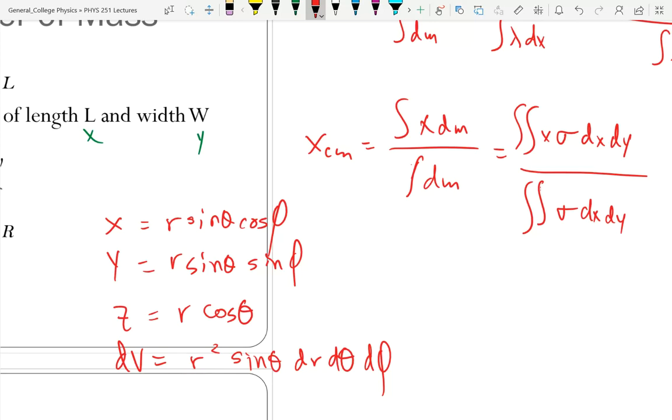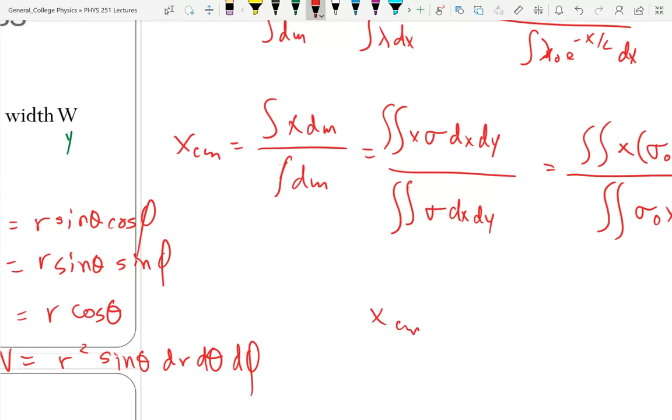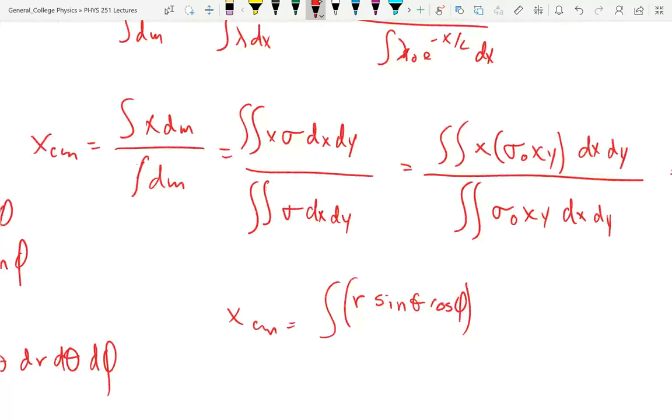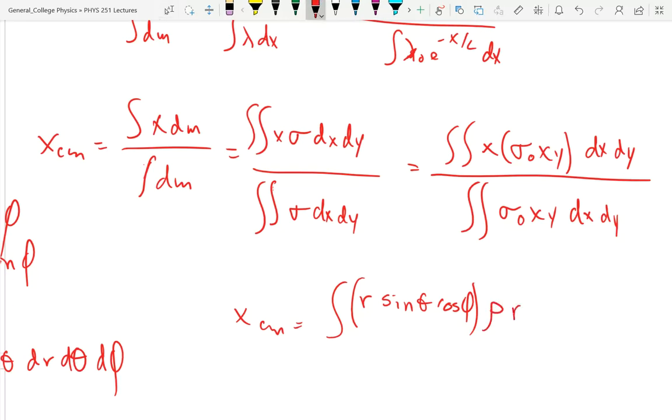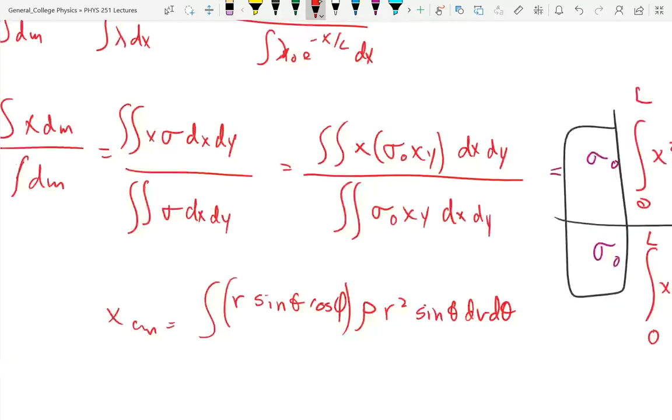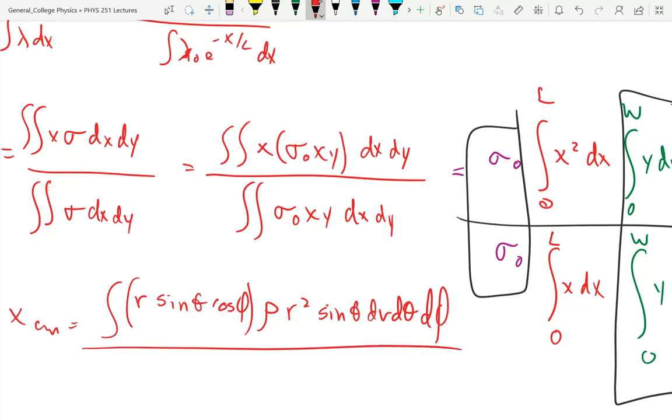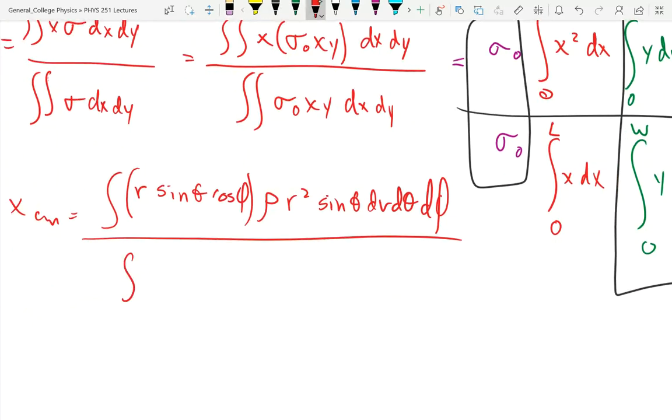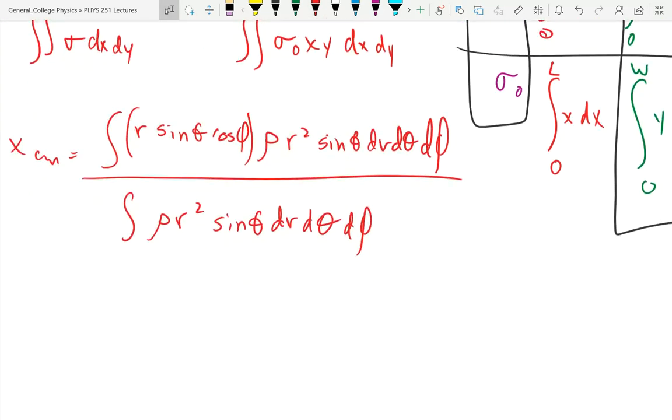that. And so we would have the x center of mass, there's my x times... all over the integral of... and so now you have a more complicated integral, but it's not the worst thing you've seen.